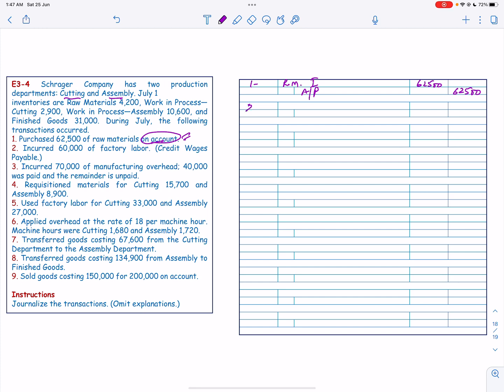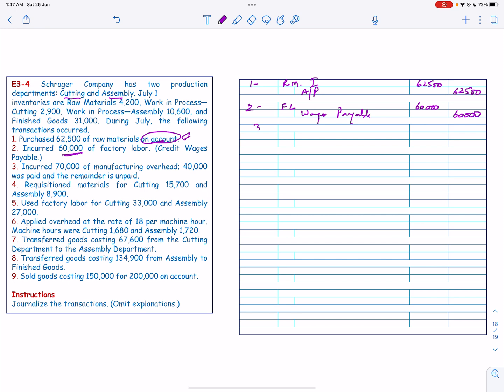Then number 2, they have incurred 60,000 of factory labor. So factory labor is debit by 60,000 and wages payable is credited by 60,000.